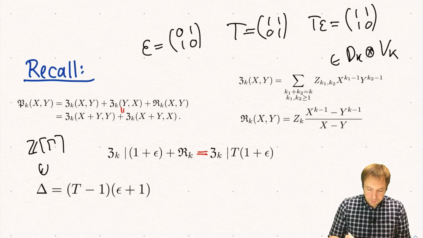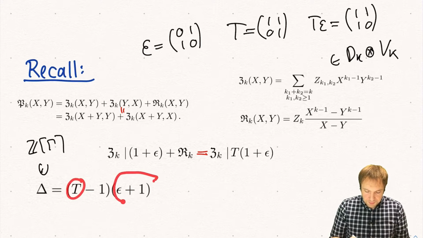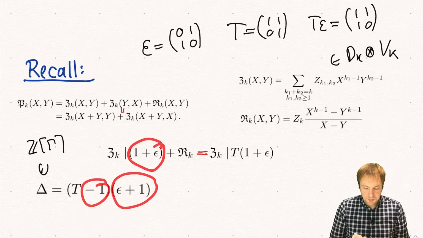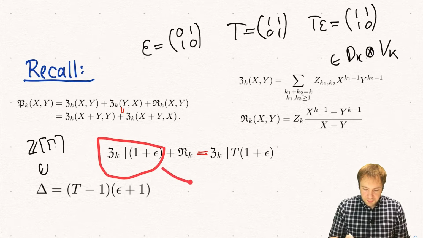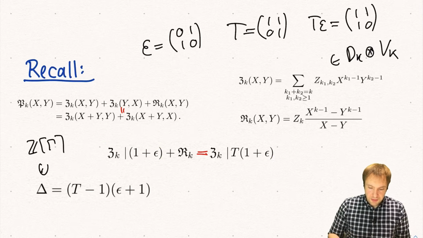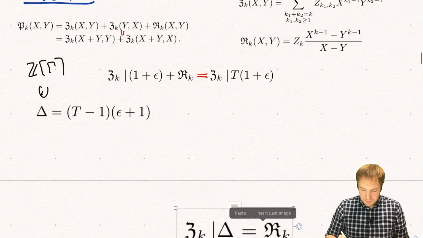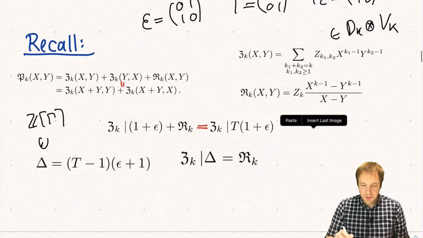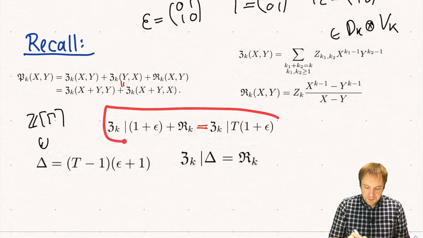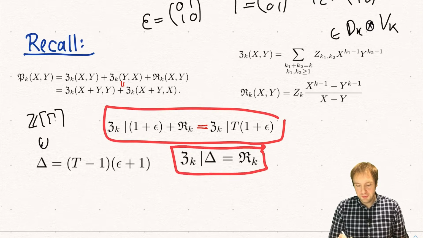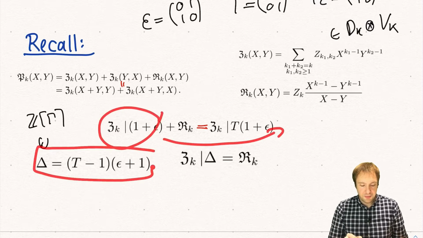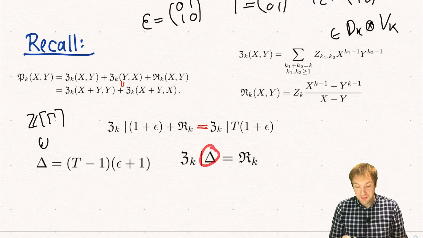And you see that T times 1 plus epsilon is this part here. And here we have minus 1 times 1 plus epsilon. This is this part here. So if I put this on the right hand side, then what I have there is exactly this equation here, that this is just equivalent to this single equation here, because I just put this on the right hand side and then define delta as exactly this element.